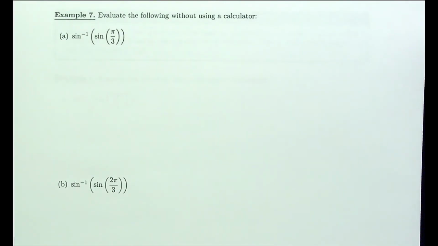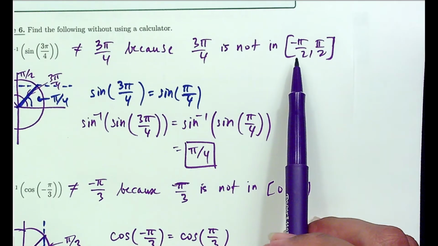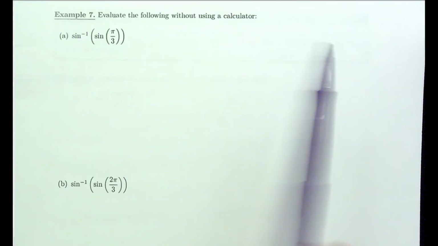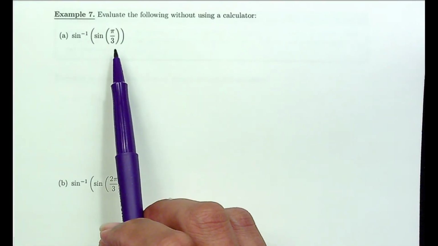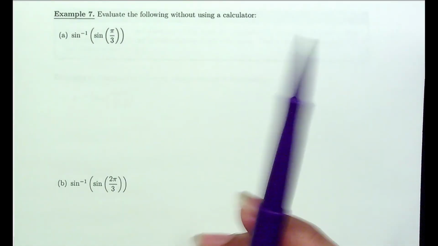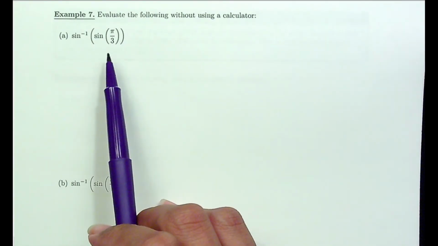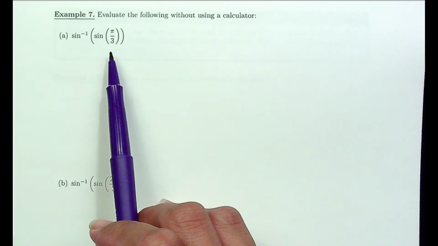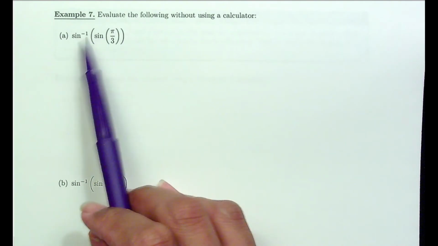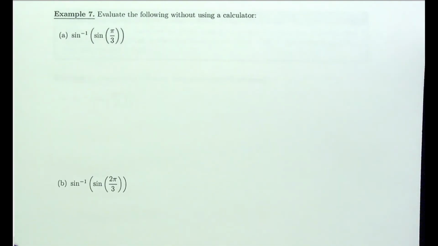So what is the right place for sine inverse? Negative pi over 2 to pi over 2. Is this angle between negative pi over 2 and pi over 2? The answer is yes, right? So because it is between negative pi over 2 and pi over 2, this works the way it should, okay? These two cancel each other off, so the answer is pi over 3.